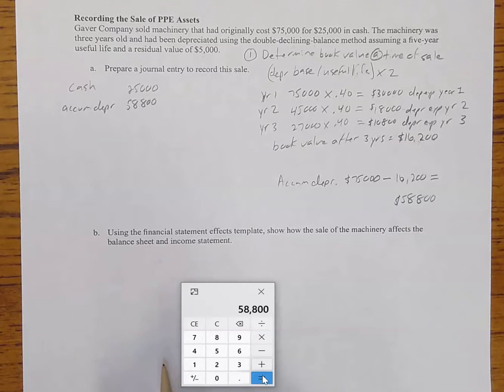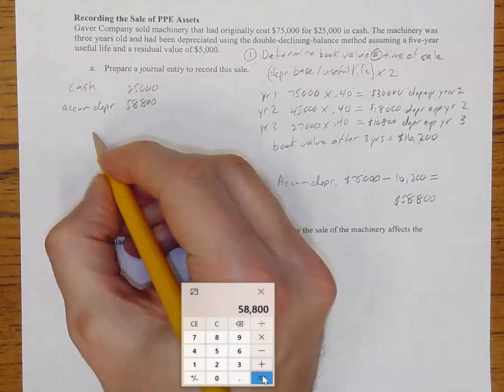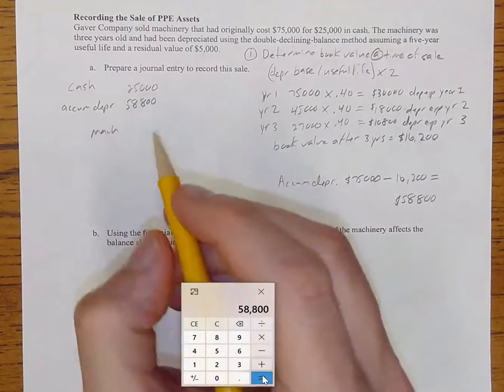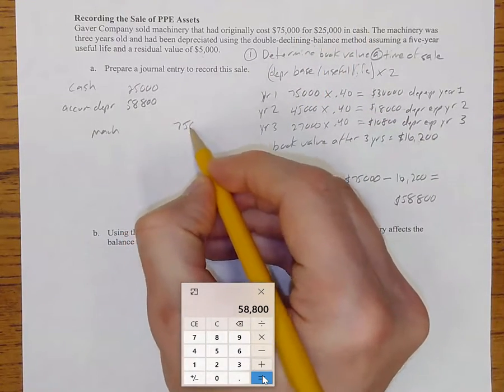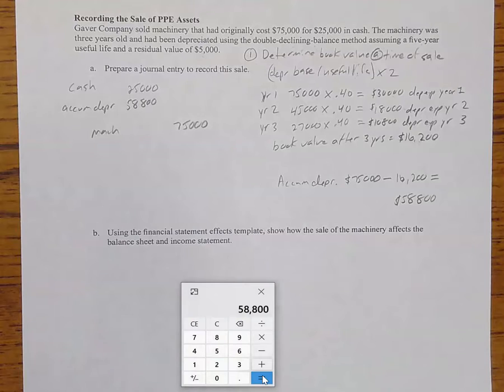Okay, so we also have to get the equipment itself off, the machinery. We're going to do that with a credit, and we do that strictly for the amount paid. So we have a journal entry here that does not balance, correct? 25,000 plus the removal of the accumulated depreciation is 83,800.